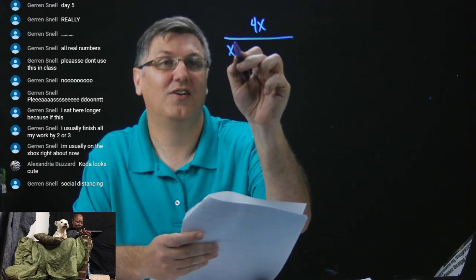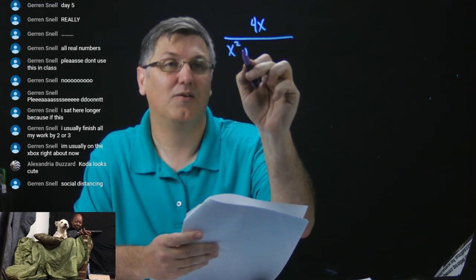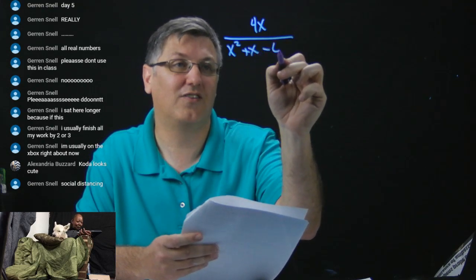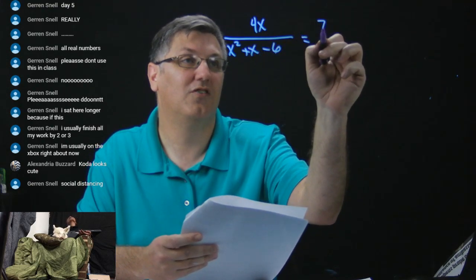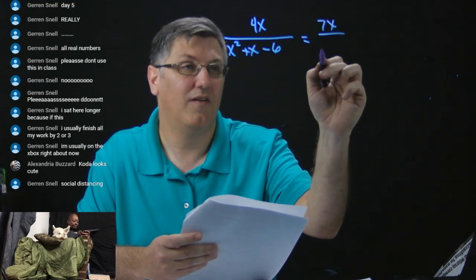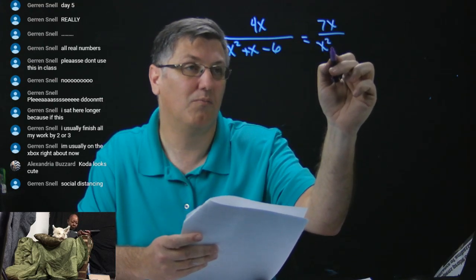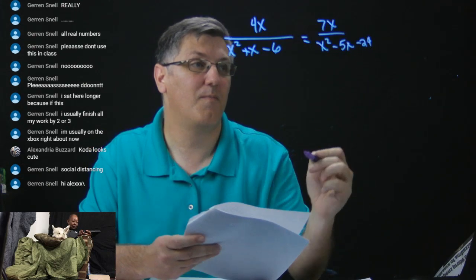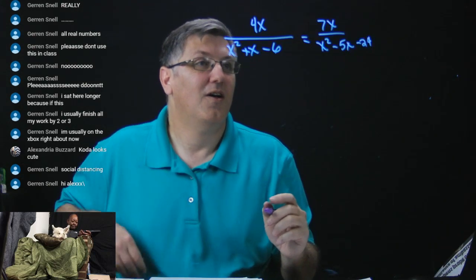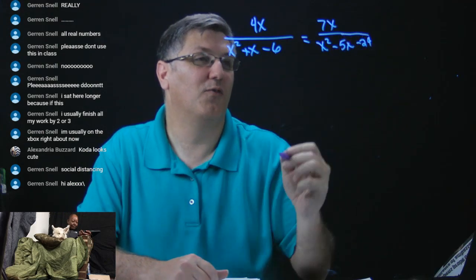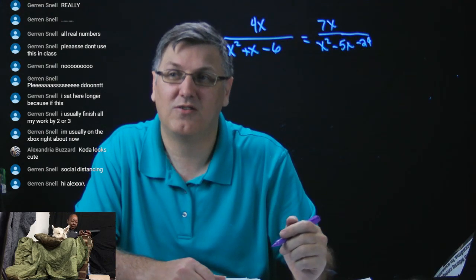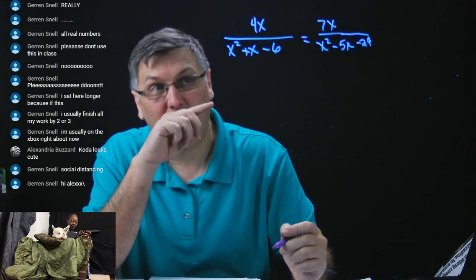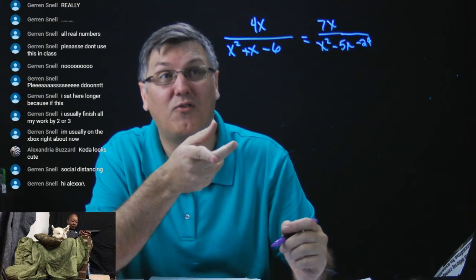All right, so we have 4x over x squared plus x minus 6 equals 7x over x squared minus 5x minus 24. Garen, you're from Louisiana. All right, so you can probably guess what I'm going to say. Factor.